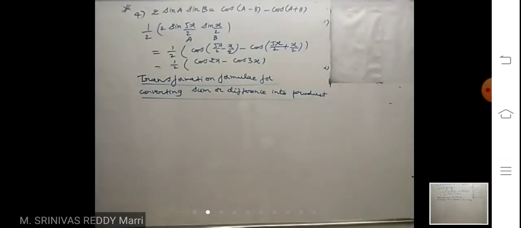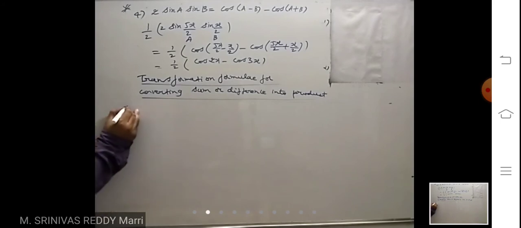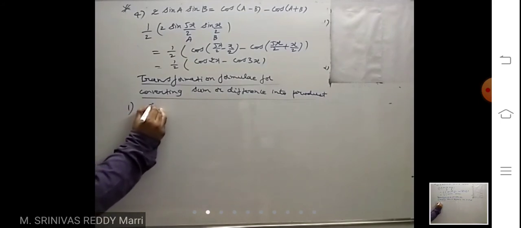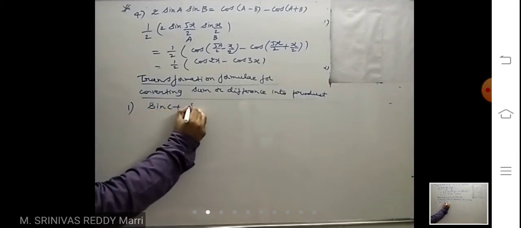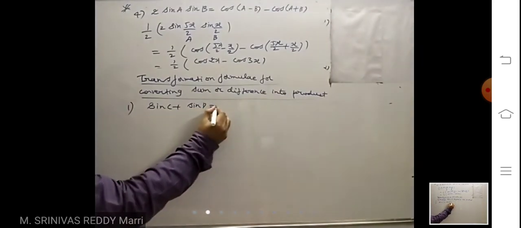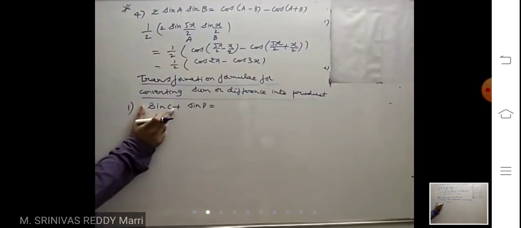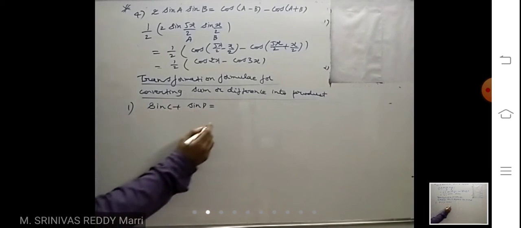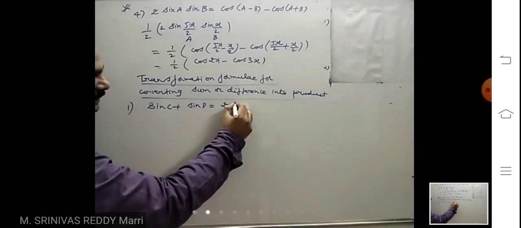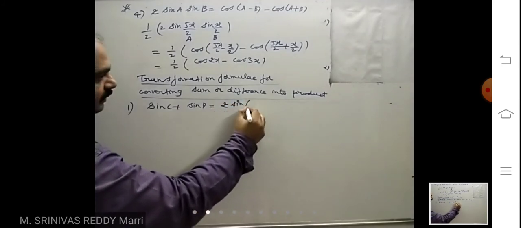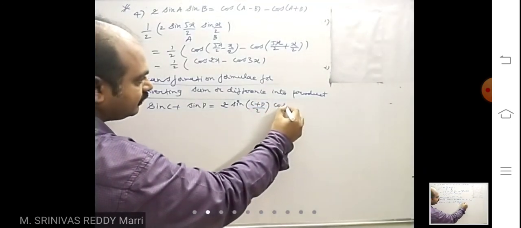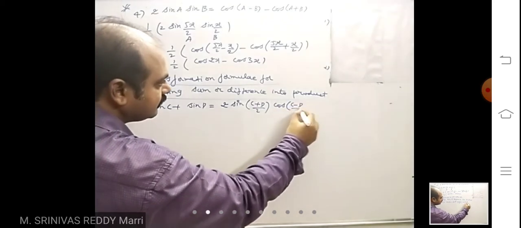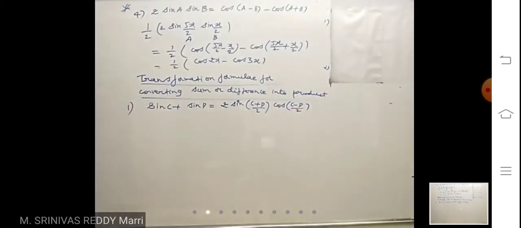Look at these proportions. So now first one, sin C plus sin D. If sum is there, we will take first angle as C and second angle as D. This is nothing but formula 2 sin C plus D by 2 cos C minus D by 2.